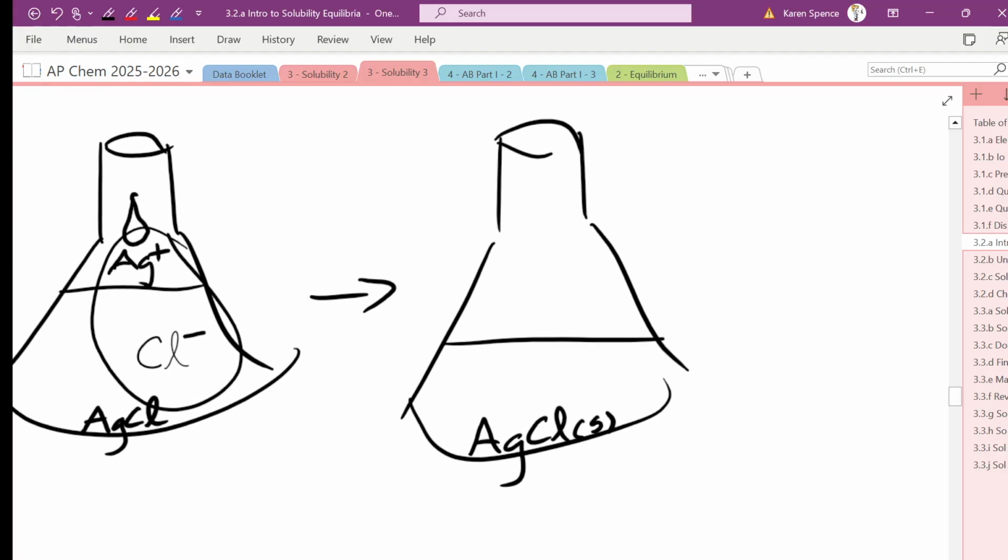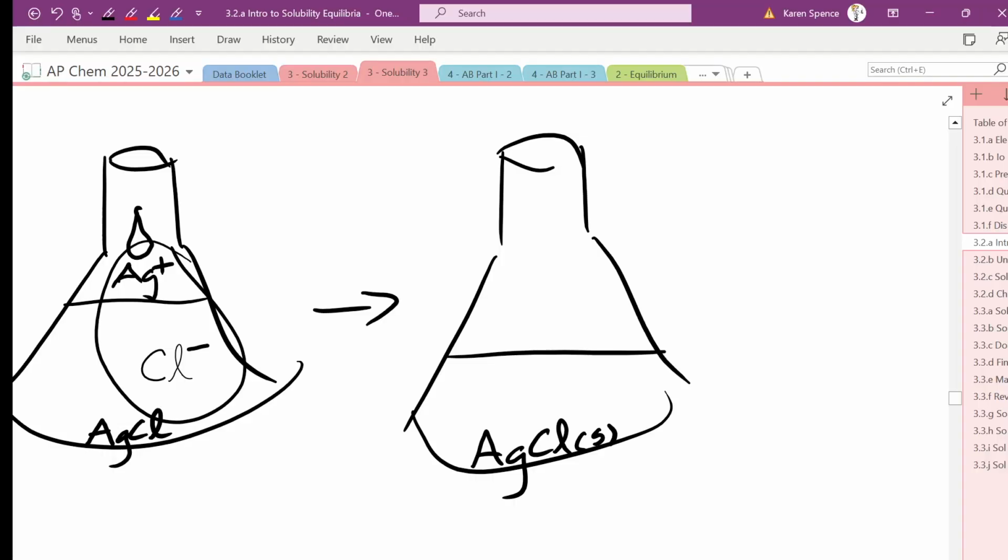Now the trick is that we would need to add something to indicate that the reaction is over. So what we're going to have in here is a CrO4 2- ion. This is our indicator.